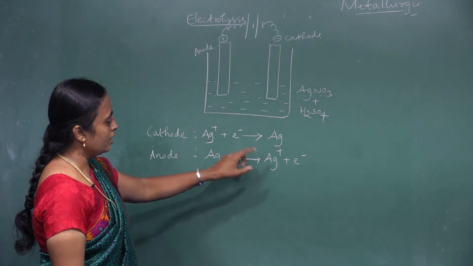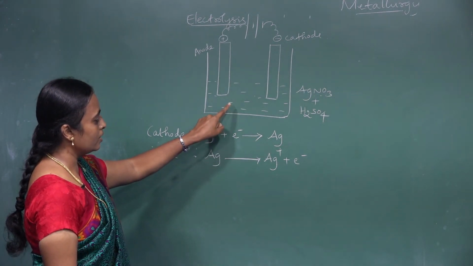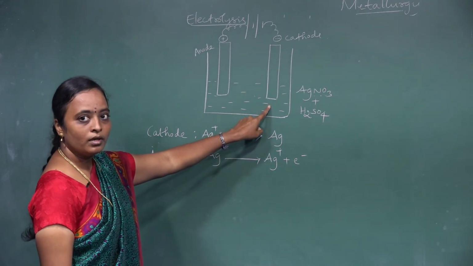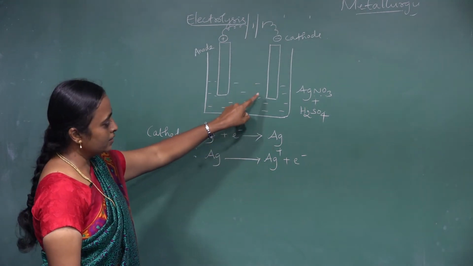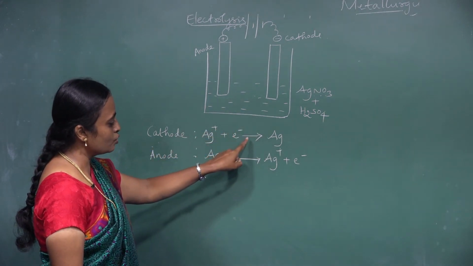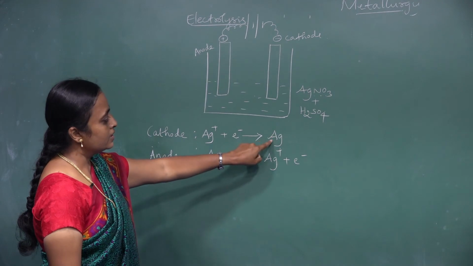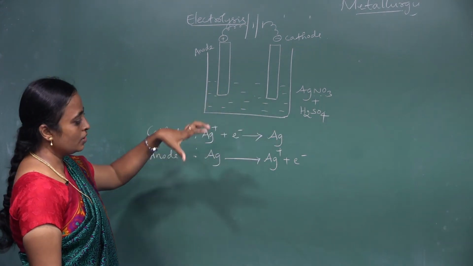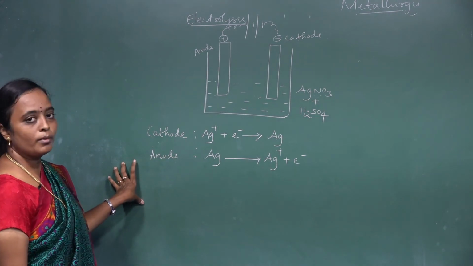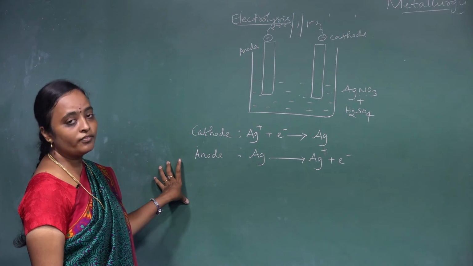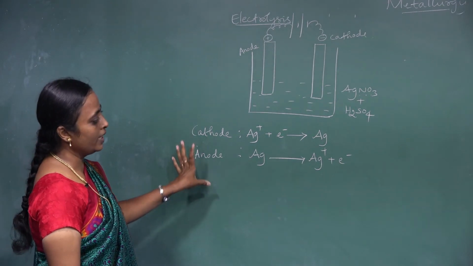Those silver ions enter into the solution and migrate towards the cathode. Whenever they reach the cathode, they take an electron and are deposited as silver. By this, the impure form of silver can be refined into the pure form of silver. So that is called electrolysis.